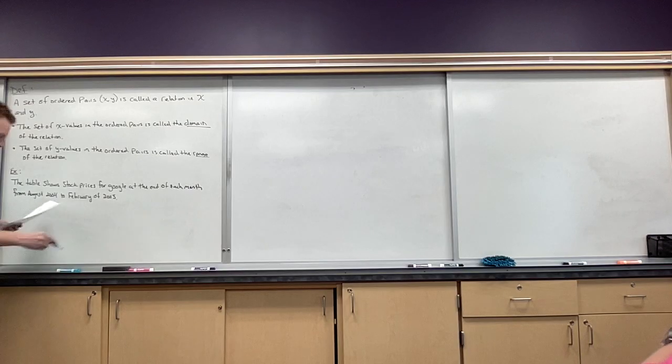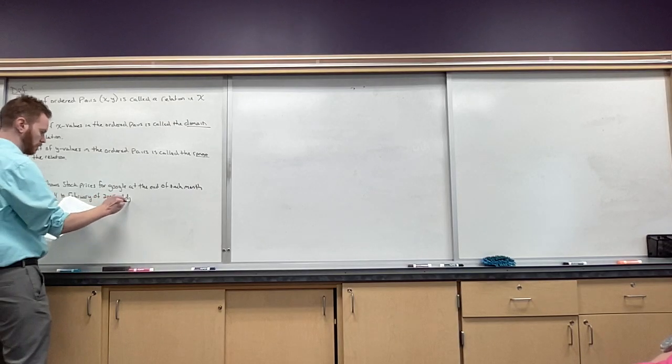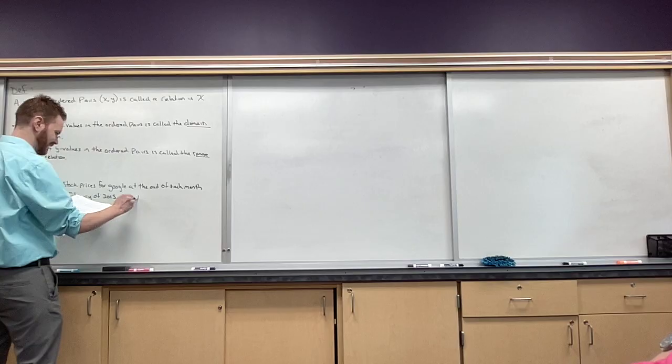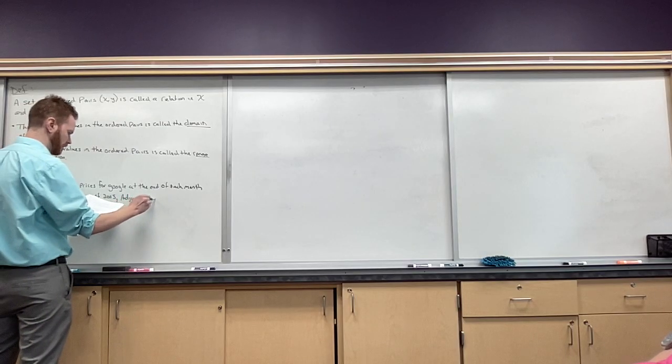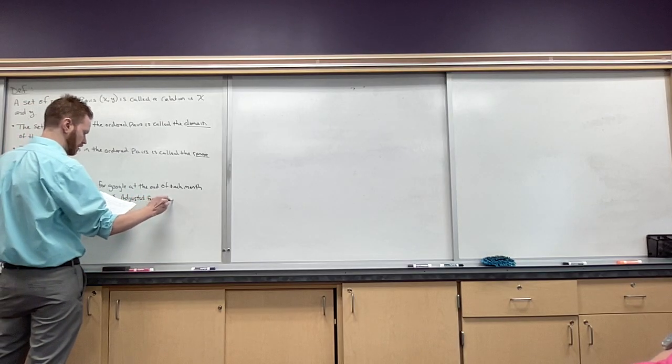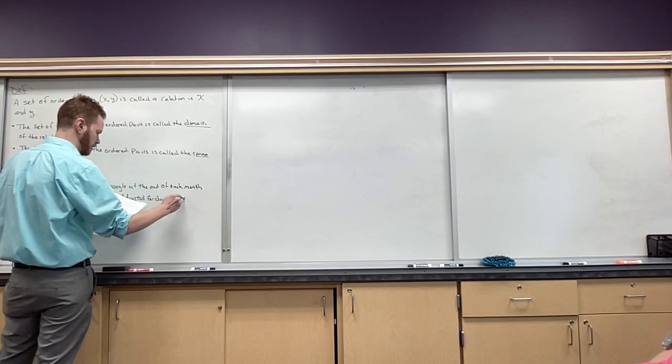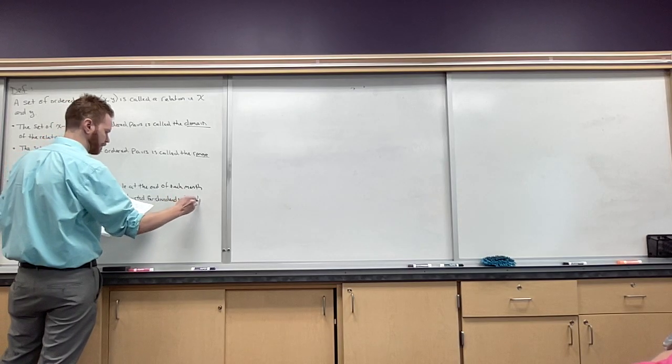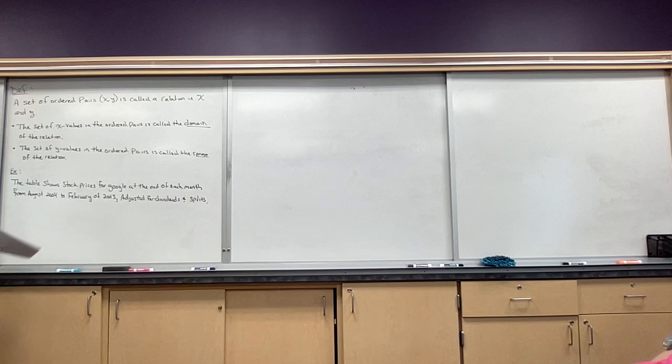Okay, and just a little small note for those of you who are financial people, this is adjusted for dividends and splits. Okay, not that you have to do much for it, it's already accounted for in the stock price.